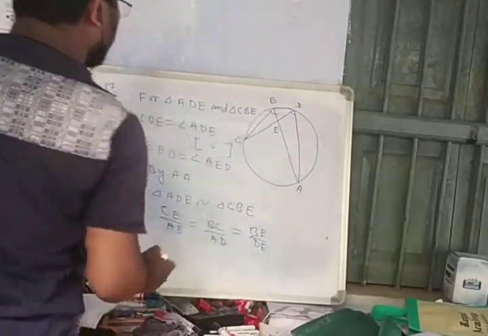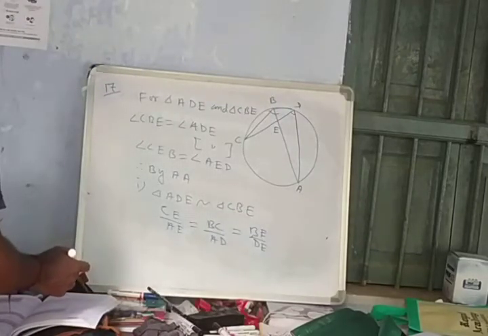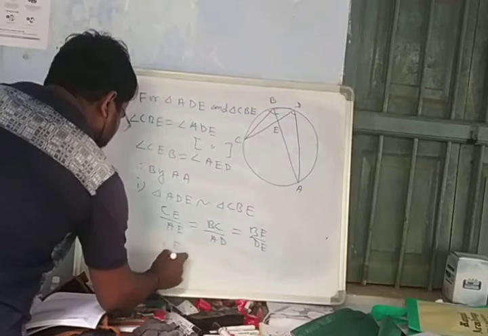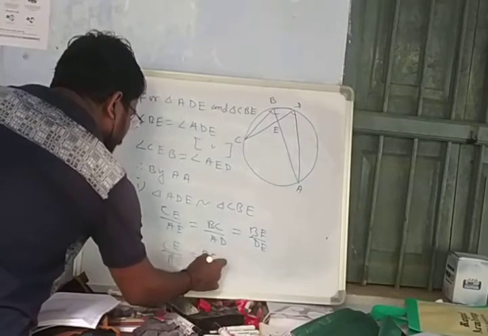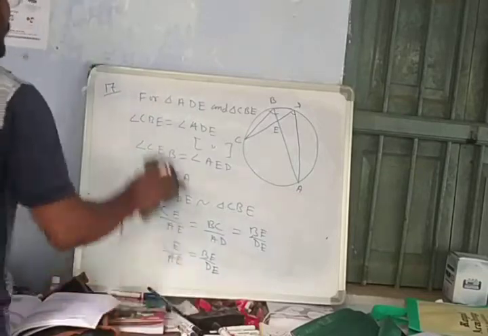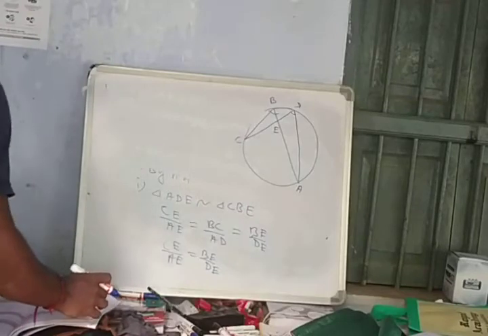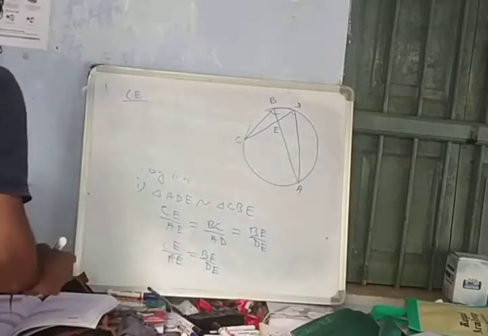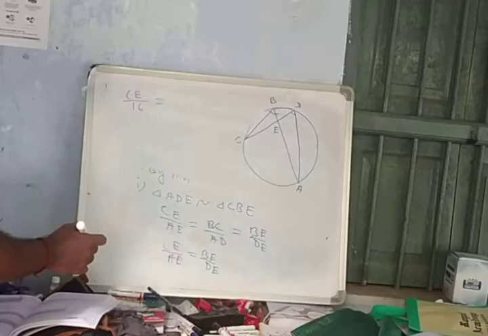You can do two methods. BE by DE, or by AE, 16 equals BE. BE is not given.